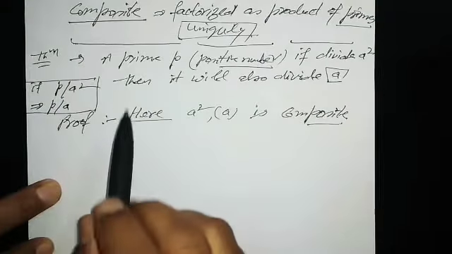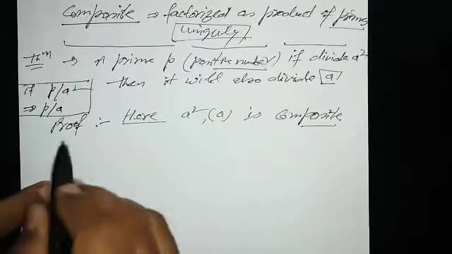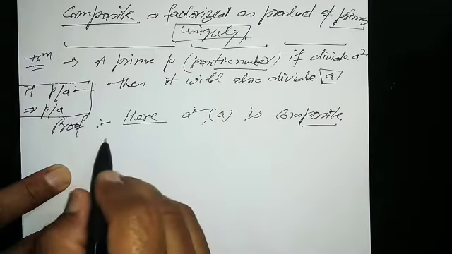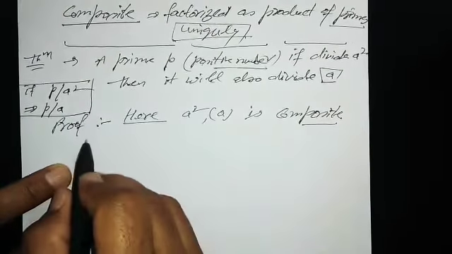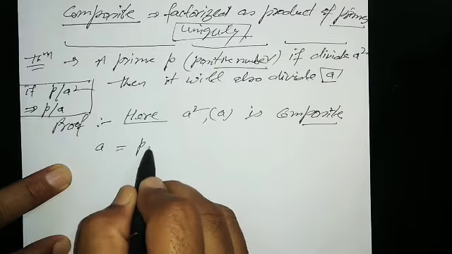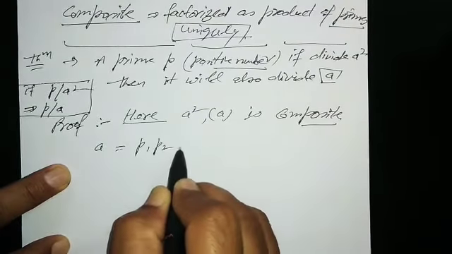So if it is composite, what does the fundamental theorem say? This a square can be expressed as a product of primes.